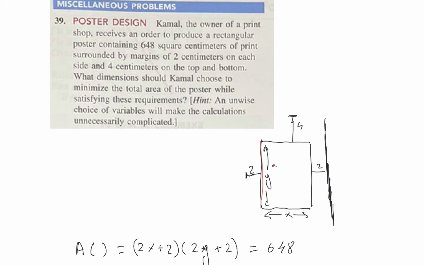It will be 2 centimeters here, 2 centimeters here, 4 centimeters here, 4 centimeters here. So the area to print will be this one. And the total area will be 648. So the question is, what is the dimension that minimizes the total area?